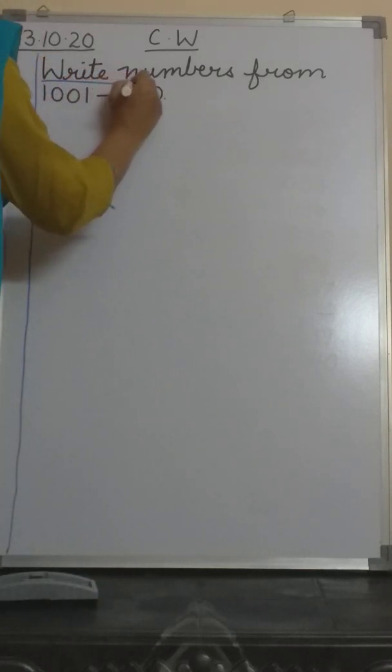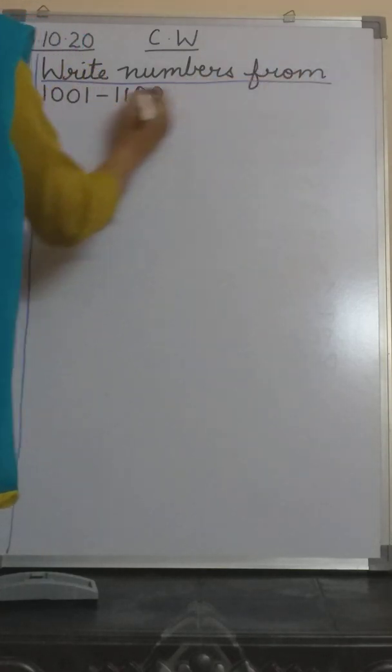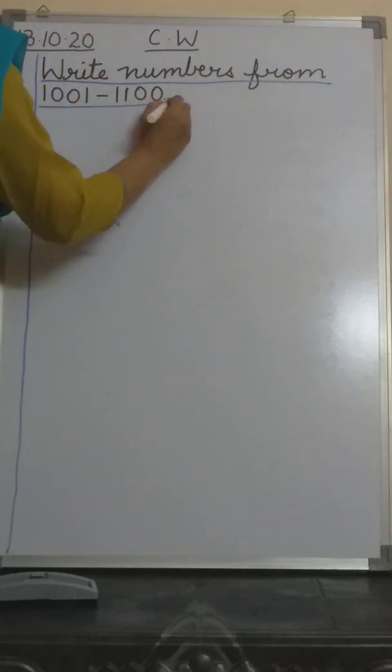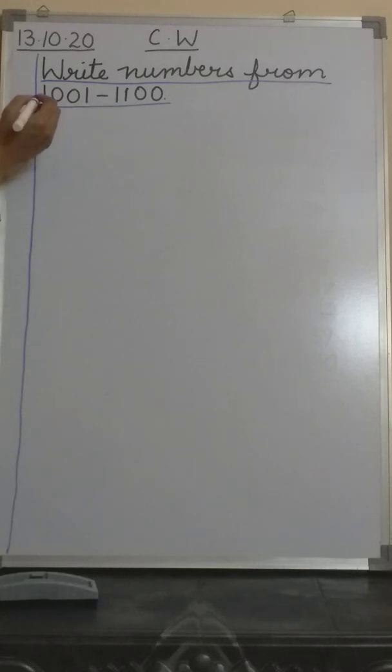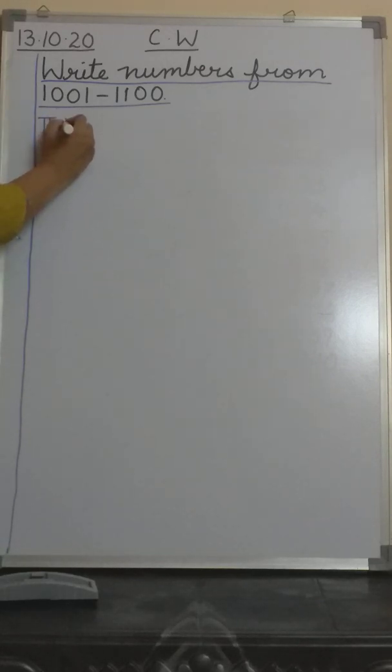You underline with your blue pencils. Then you leave a box and you write 1000. You write TH in one box. Then in the other box you write H, T for tens and O for ones.